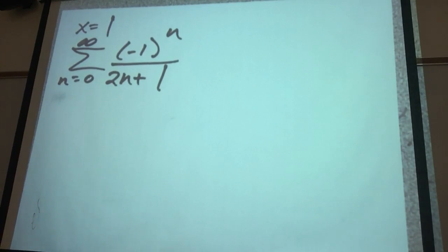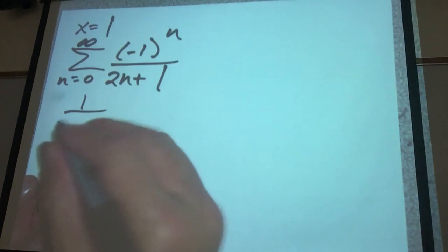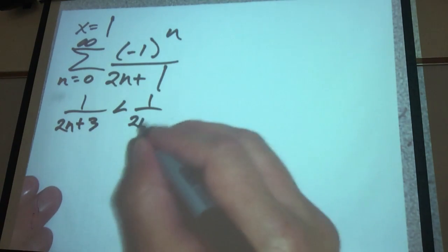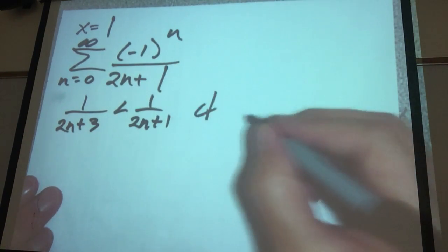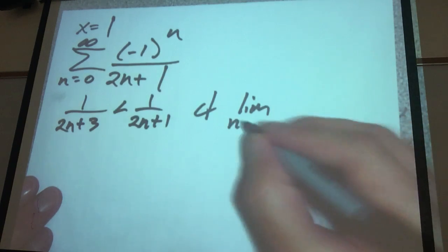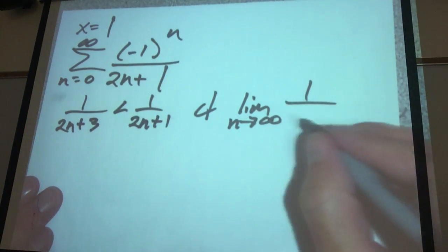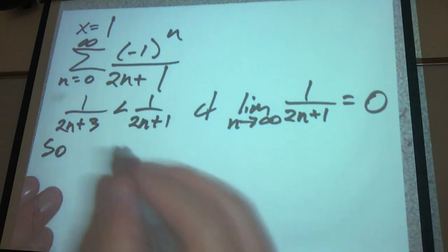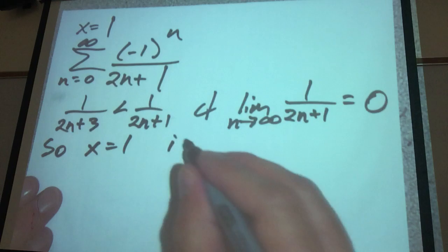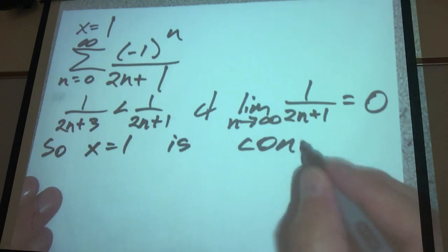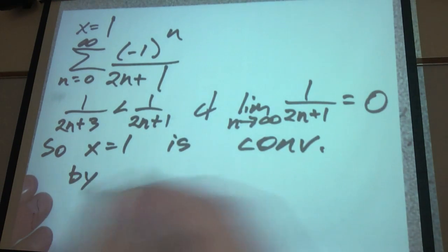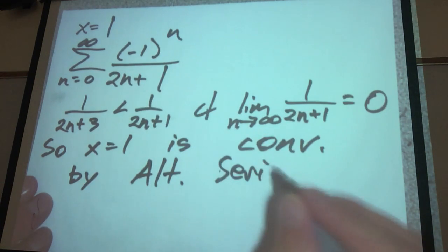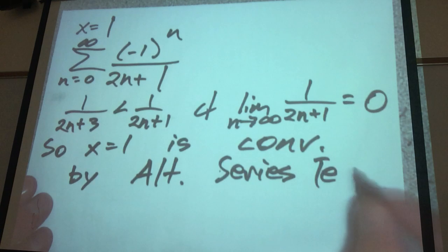Now, 1 divided by 2n plus 3 is less than 1 divided by 2n plus 1, that's true. And the limit as n tends towards infinity of 1 divided by 2n plus 1 equals 0. So x equals 1 is convergent by alternating series test.